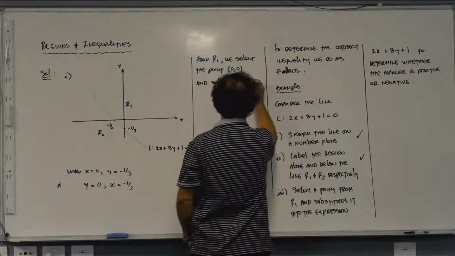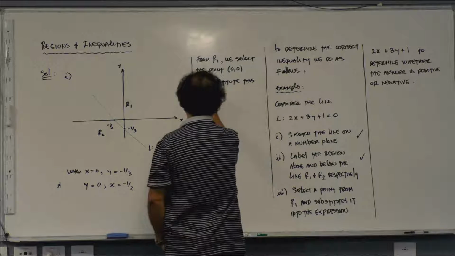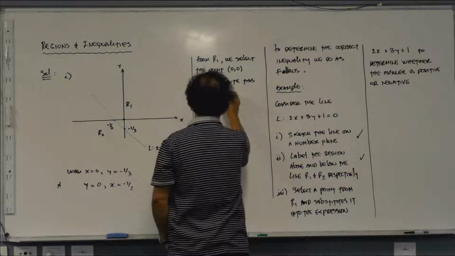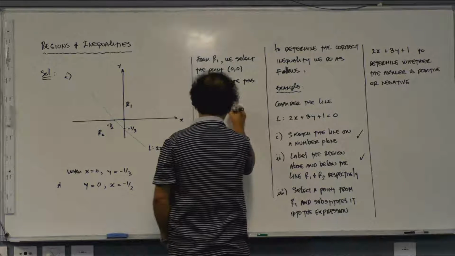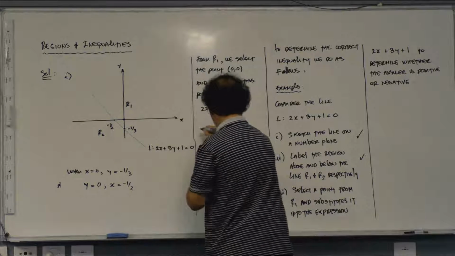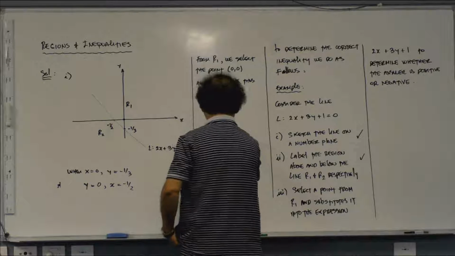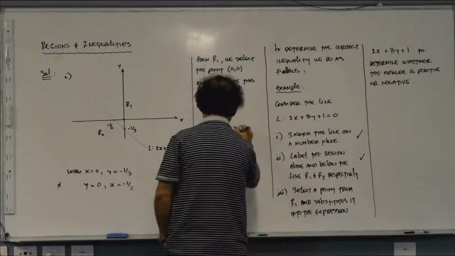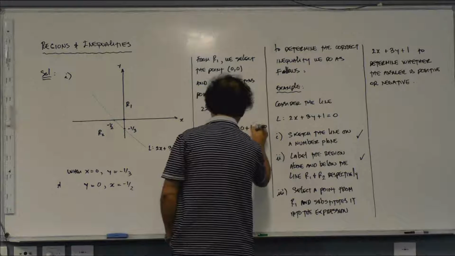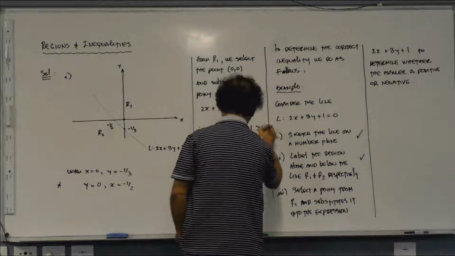So we're going to substitute the point. It's going to be 2 times 0 plus 3 times 0 plus 1, and that is greater than 0.